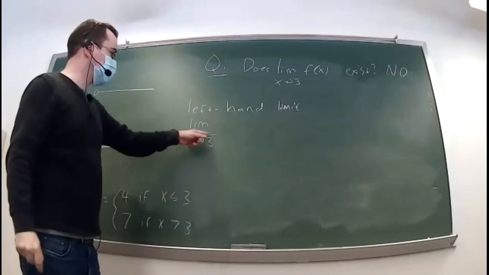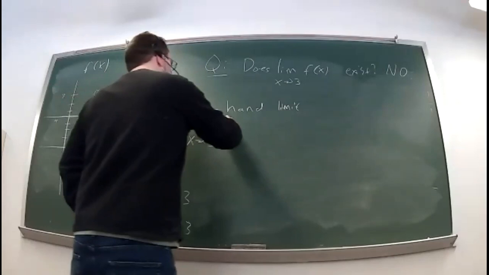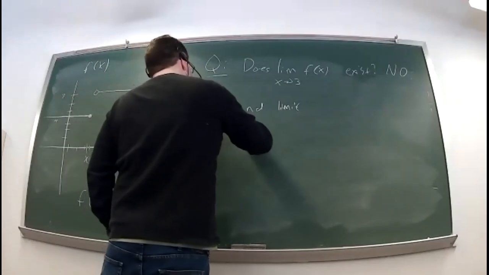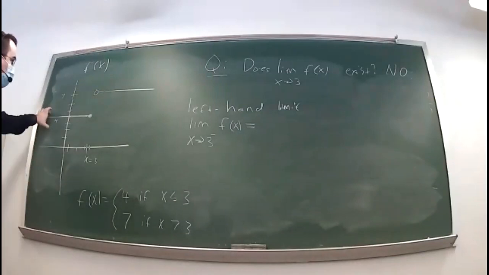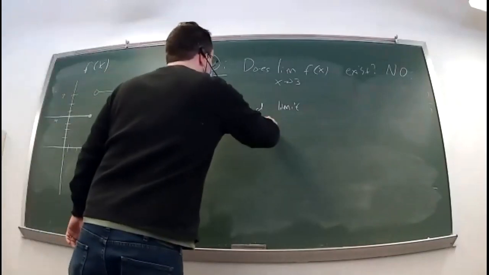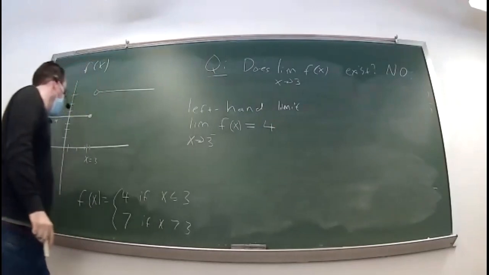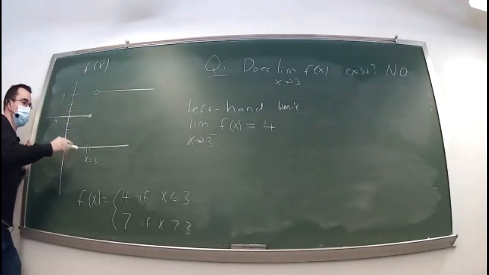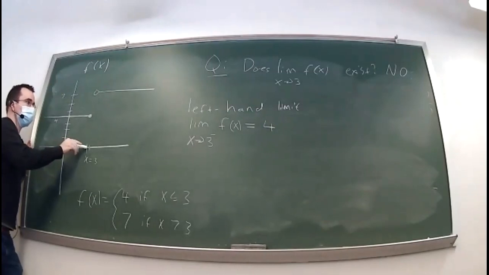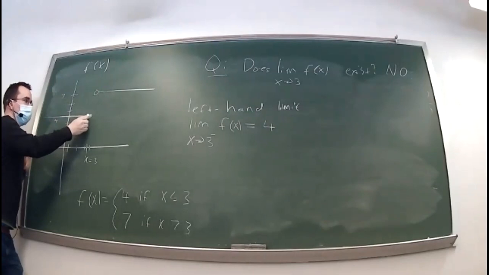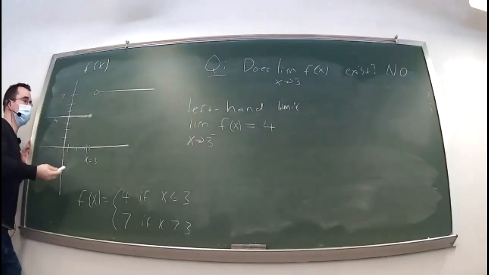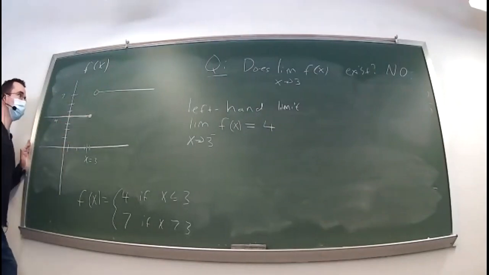You put a little minus sign in the superscript. So we do say that the left-hand limit of f of x is equal to 4. Meaning that if I consider values of x that are close to 3, but also only less than 3, then the corresponding y values are going to be very close to 4, in this case, literally equal to 4.